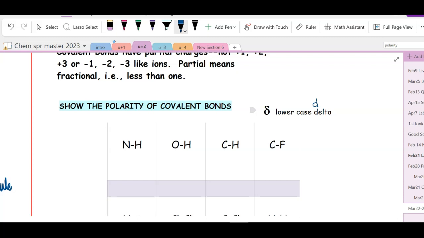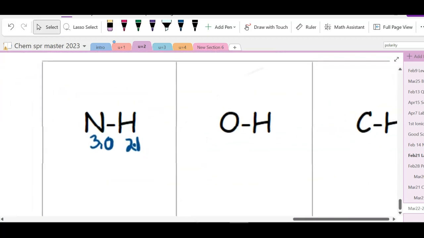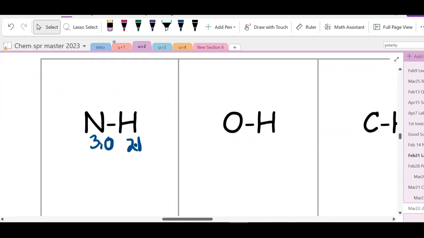All right. So in ammonia, if you recall, nitrogen was 3.0 and hydrogen was 2.1. Let me make this really big. So for the partial charges, we look at those electronegativity values, and we can see that nitrogen is much better at pulling the electron pair.